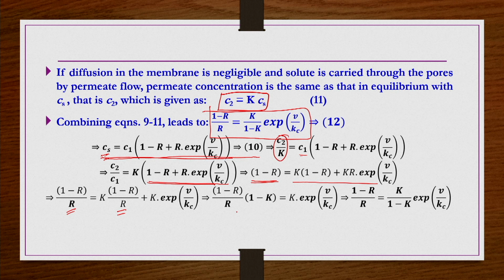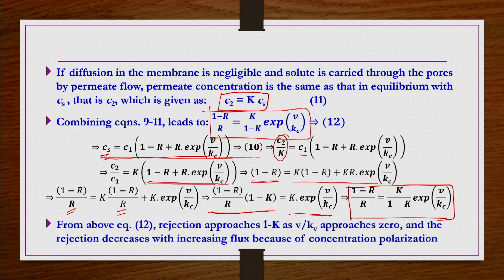Now, the 1 minus R by R terms you take to one side. Then you have 1 minus R by R multiplied by 1 minus K on the left hand side, and K exponential V by Kc on the right hand side. So, we can write 1 minus R equals K by 1 minus K exponential V by Kc. This is what we have.